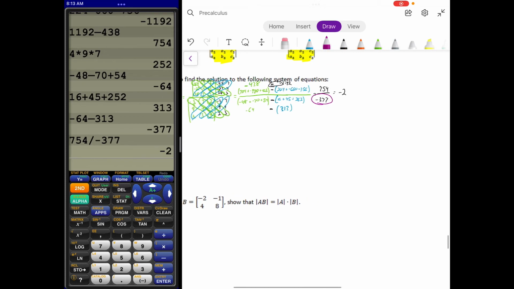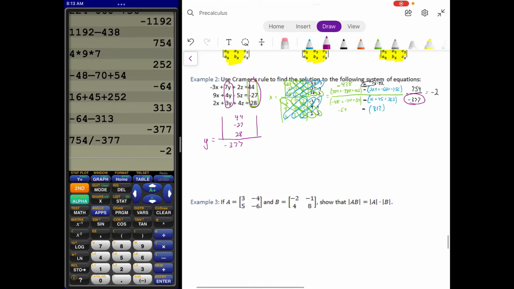That goes in the y column, and then the other two are going to be the same, negative 3, 9, and 2, and 2, negative 5, 4. I did not put them in a good spot. Let's move those down.